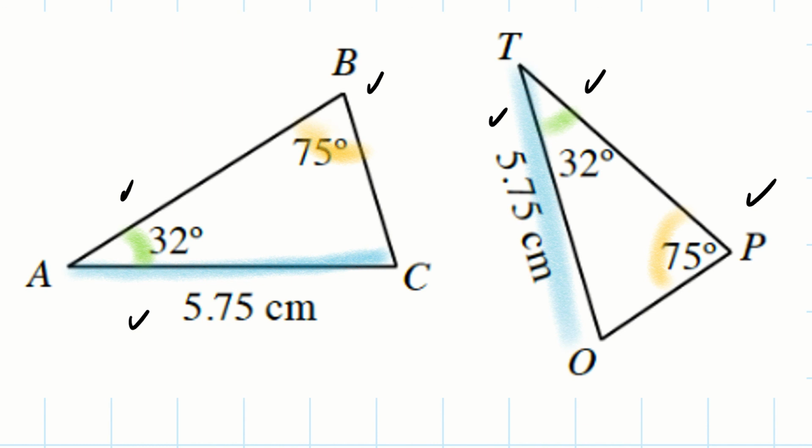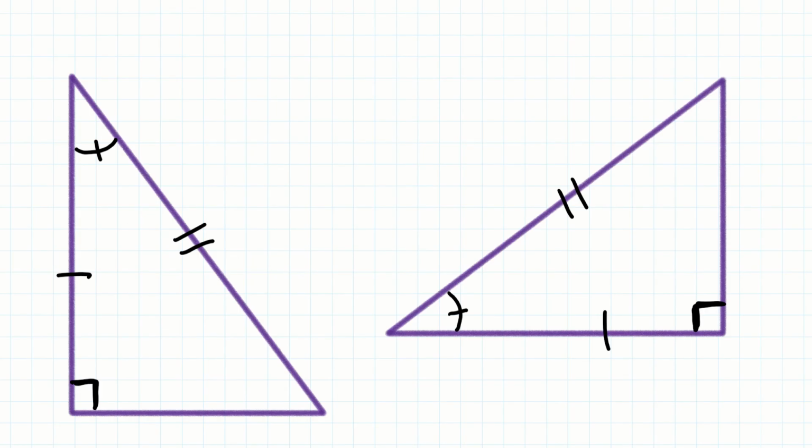I point that out because I want to show you how we would note that things are congruent in a diagram without actually knowing their lengths or the number of degrees they contain. So if you look at the markings we have here for these two angles, we know that those angles are congruent to each other because they have the exact same arc and a single tick mark on it.